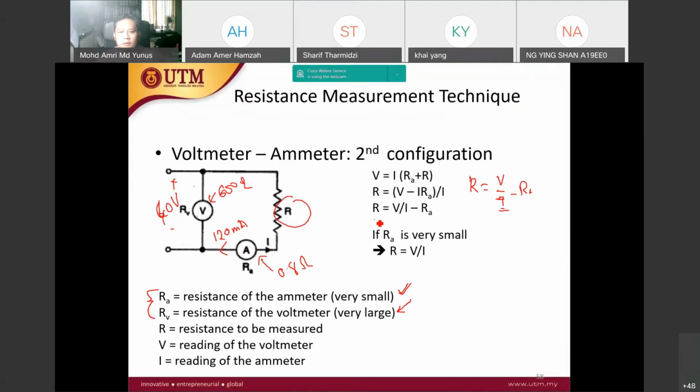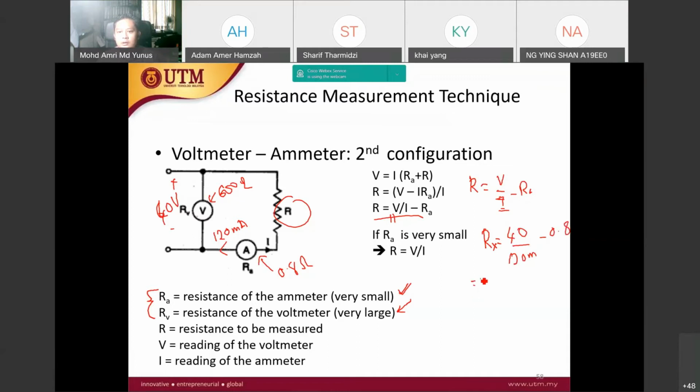So if we follow this, Rx by using the voltmeter and ammeter is 40 over 120 milli minus 0.8.